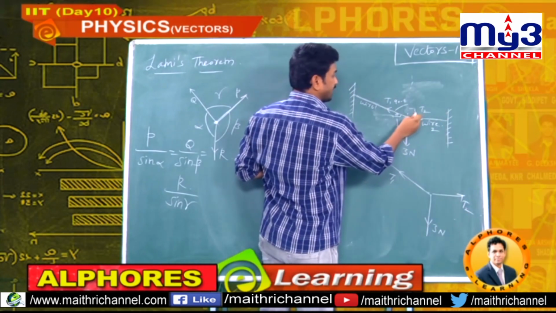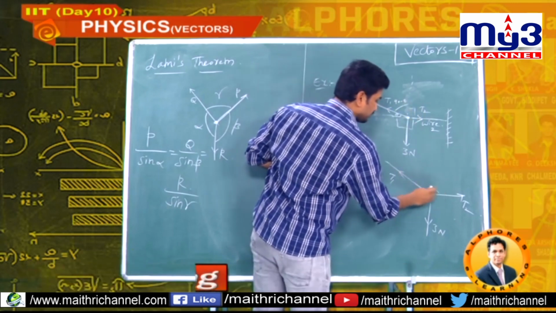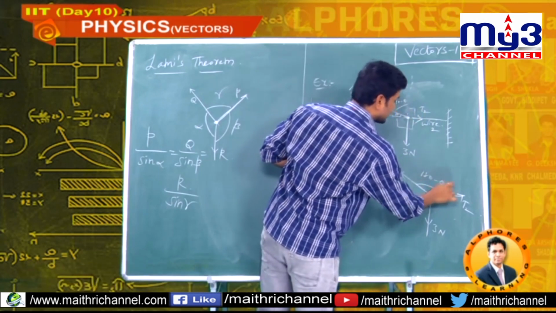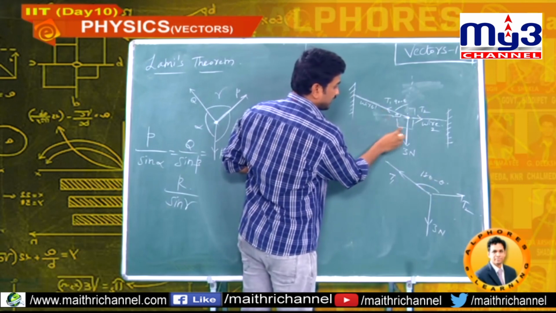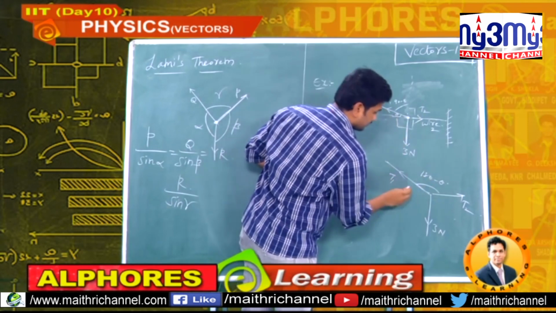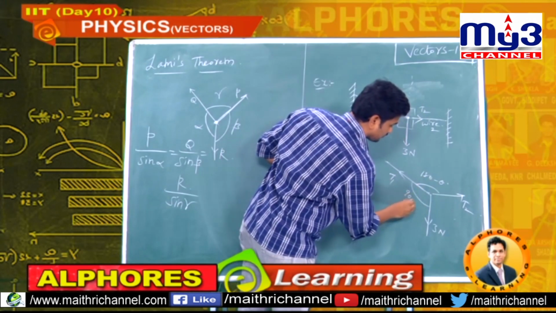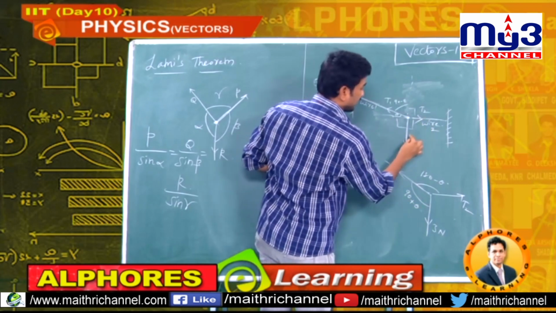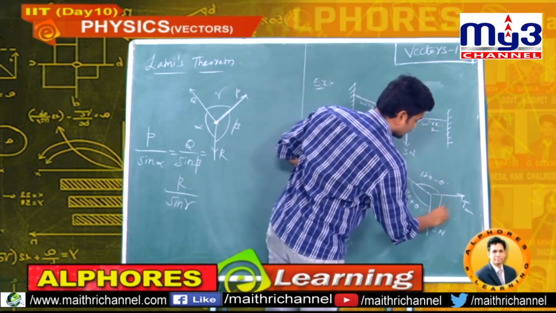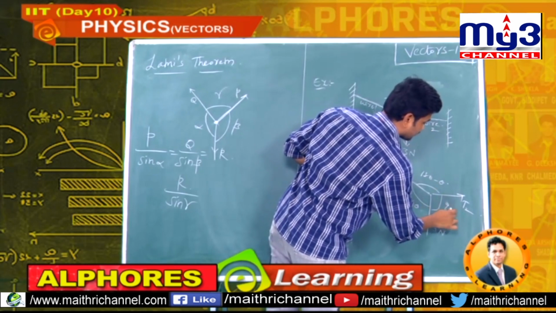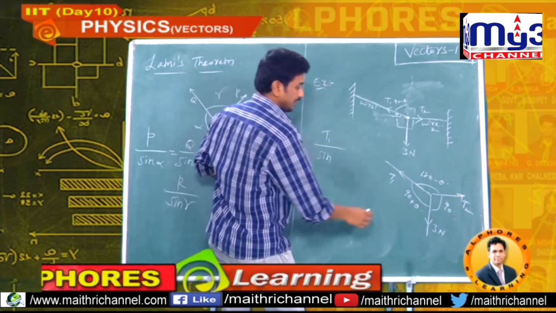See here, what is the angle? 90 plus 90 minus theta, that is 180 minus theta. What about this angle? 90 plus theta. What about the angle between these two? It is 90 degrees. So this is the particle.